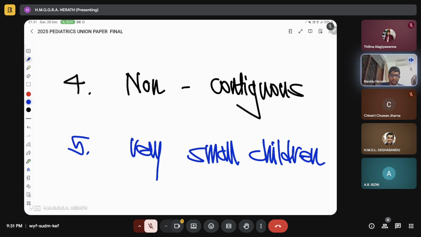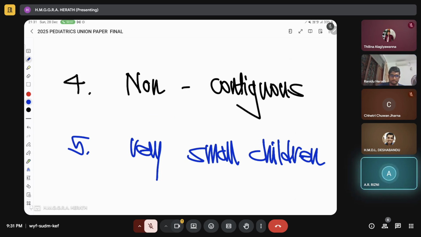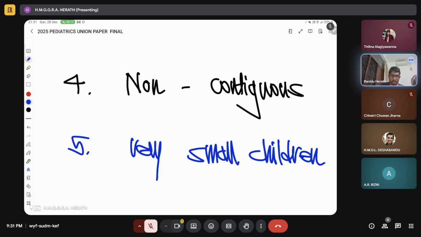So for Hodgkin, you are saying radiotherapy alone is enough? Chemoradiotherapy, not very sure. We'll just check that, right? Hodgkin's disease peak incidence is at 15 years of age, right?